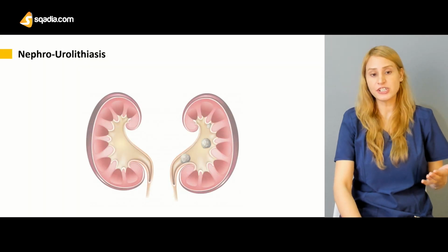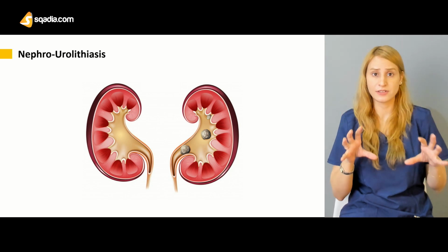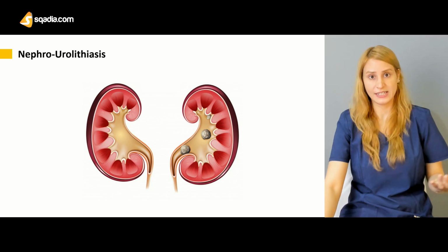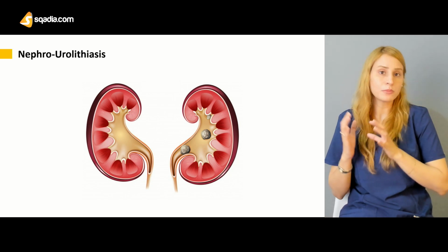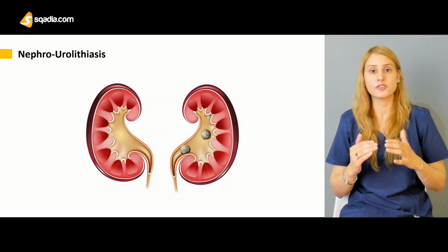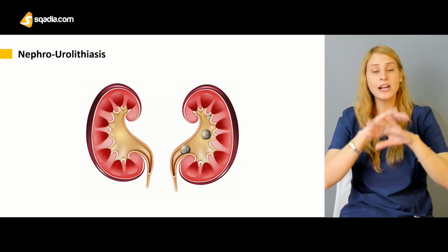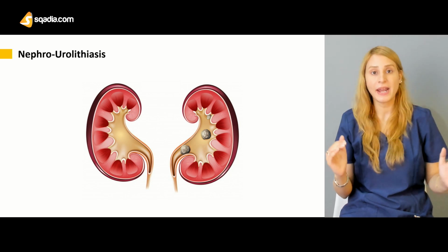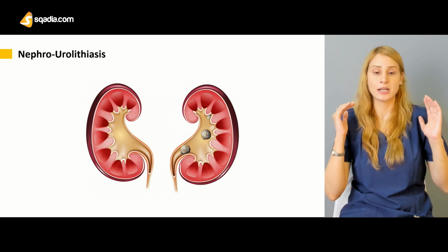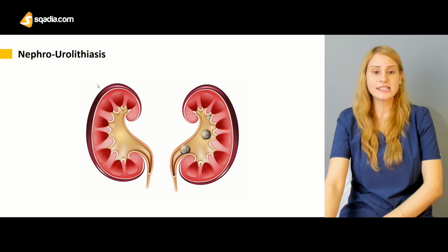If you look at this diagram, this is the kidney, and every normal human being has two kidneys, right and left, made of renal parenchyma, with a renal capsule surrounded by perinephric and paranephric fat. This is the renal cortex, and these are the renal pyramids.